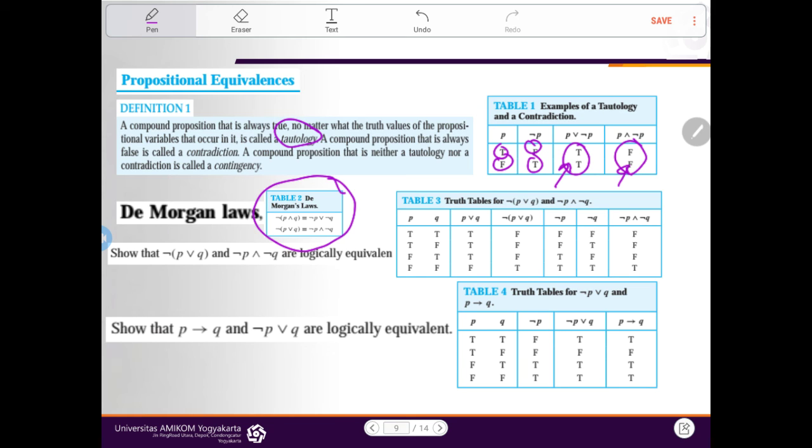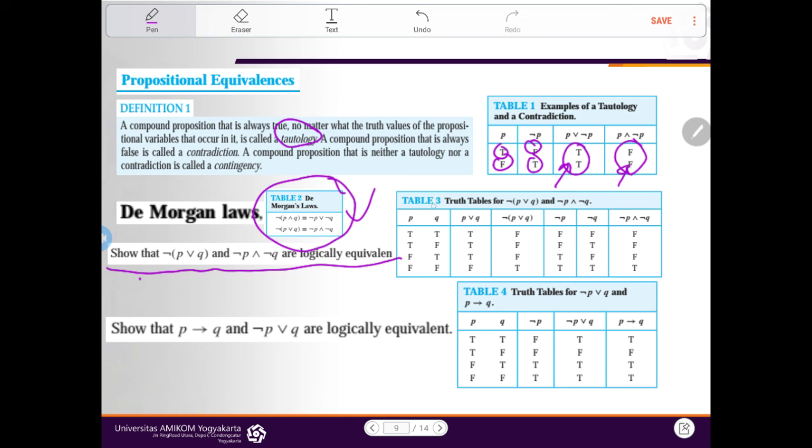De Morgan's law will frequently be used. For example, we can solve this problem: not (P or Q) and not P and not Q are logically equivalent.